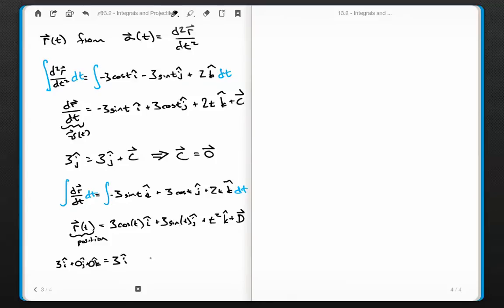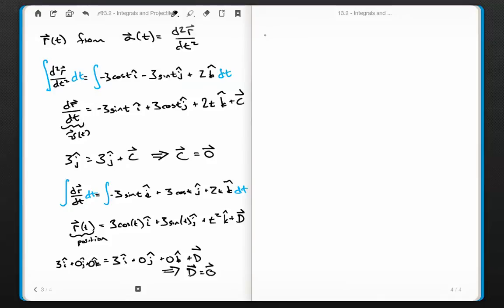The sine of 0 is 0, so plus 0j, plus the 0 squared is still 0, so 0k, plus d. Well, conveniently, d goes to 0. So my vector d, which I have to add to my initial position, is the vector 0.